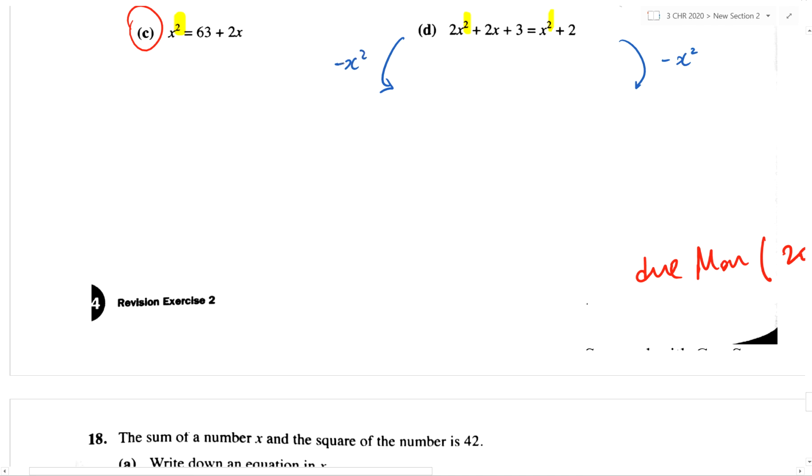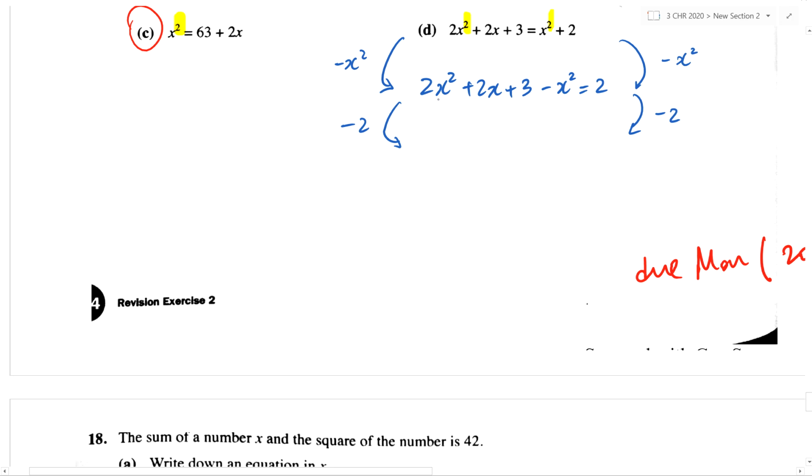If I subtract x squared, the right hand side will be just 2. Okay, so let's do that step first. 2x squared plus 2x plus 3 minus x squared. This is 2. Now it's getting closer to 0, but it is not 0 yet. I still have one more step. I should minus 2.